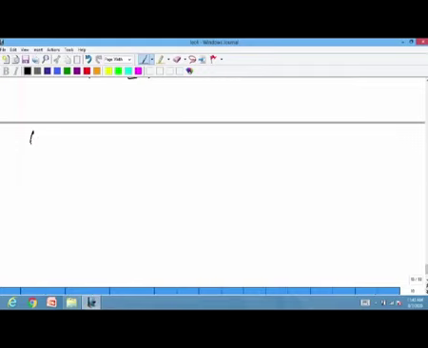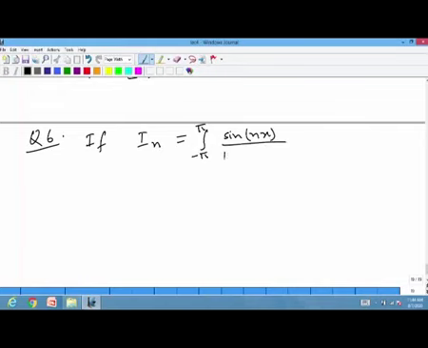Let us do question number 6. If I sub n denotes the definite integral from minus pi to pi of sin(nx) divided by (1 plus pi to the power x) times sin x dx, for n equal to 0, 1, 2 and so on.